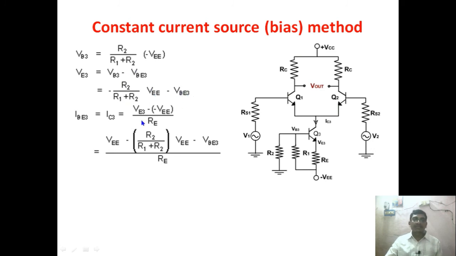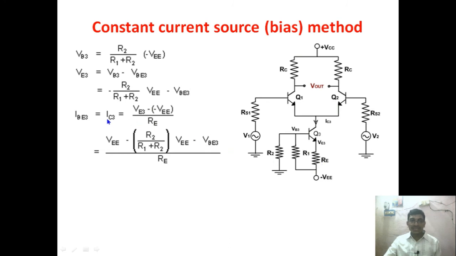Next, we have to calculate the IE3 current. IE3 is the emitter current flowing in the transistor Q3, which we get by subtracting the biasing voltage from the emitter voltage VE3 and dividing by the RE resistance.